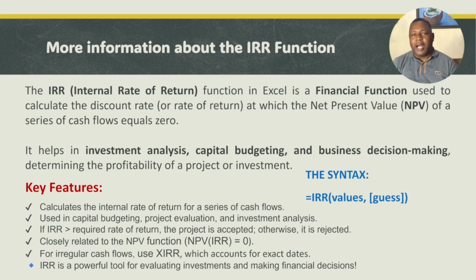The IRR is a powerful tool for evaluating investments and making financial decisions. So let's go into the Excel worksheet and see how this function can be used. Let's look at it together.